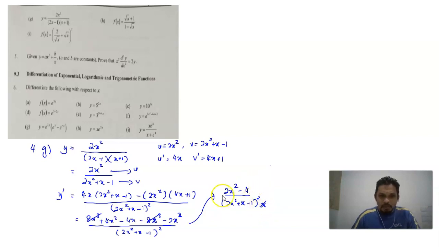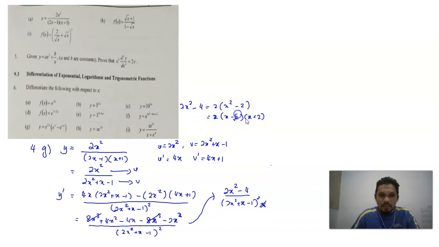Wait a minute. 2x squared minus 4, which is 2x squared minus 2, then 2x minus 2 and x plus 2x squared and then minus 4.